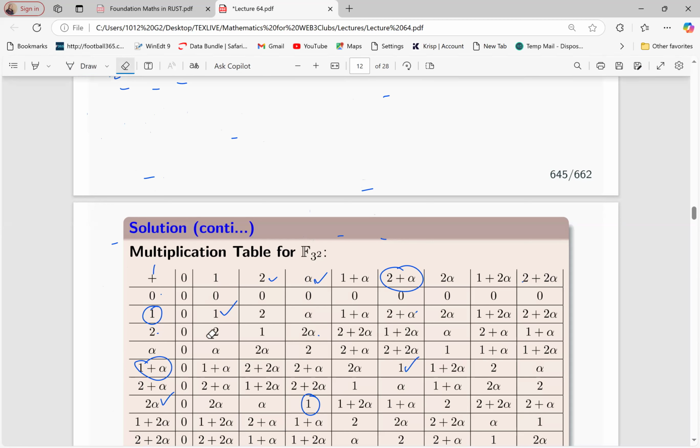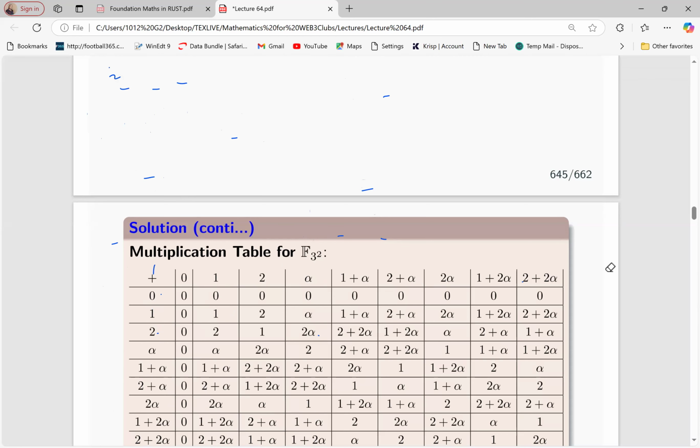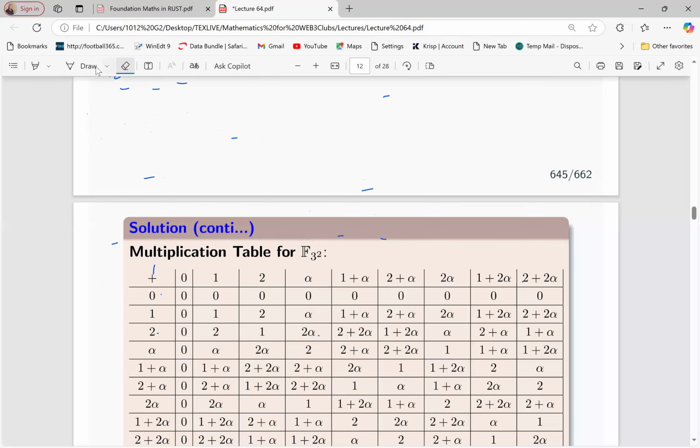So that's what I wanted to show you today. Just want to show you how to create an extension. You must know what an extension is, that you're given a field, and out of this field, you're coming up with a larger field whose elements are polynomials of the form A plus B alpha.